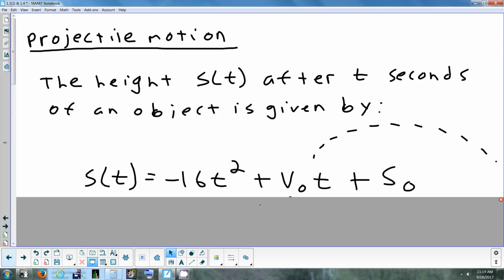Okay, so the angle you throw it at, and what else? How heavy it is. What does that have to do with? Gravity. So gravity is represented right there. That number has to do with feet per second. If you do this in physics, you see the number -9.8. That's in meters per second, but we're using feet. So gravity, how hard you throw it.